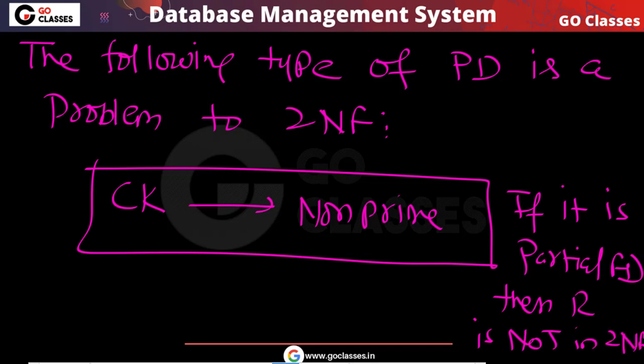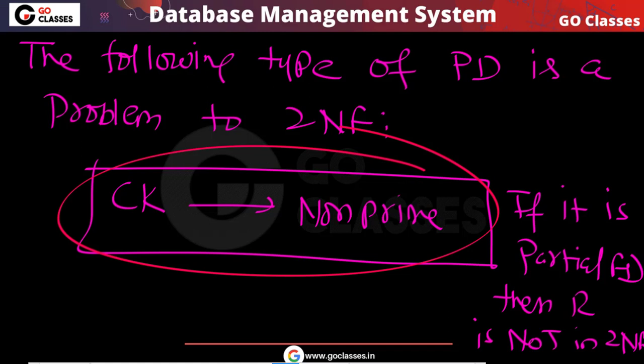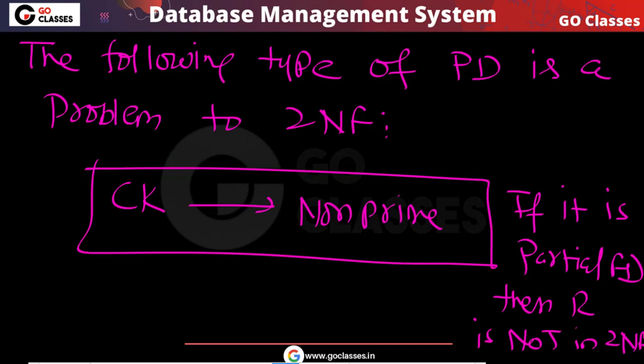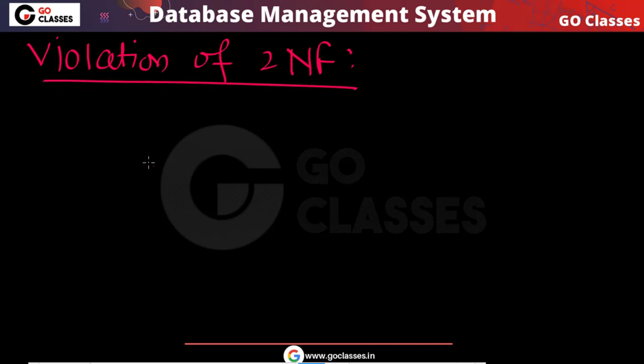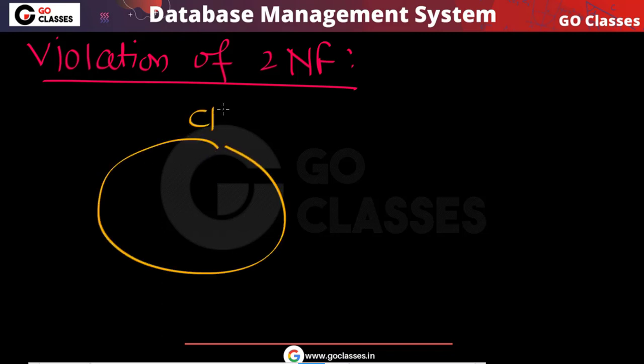Remember, if this is a partial dependency, then R is not in 2NF. So what is the violation of 2NF? Let us assume this is a candidate key and this is a non-prime attribute.